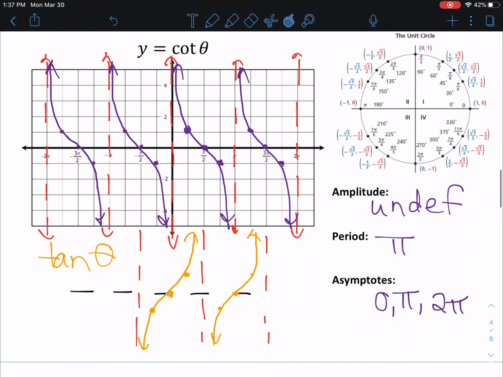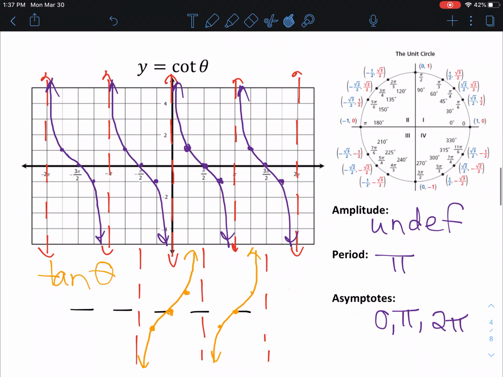And then lastly, cotangent. You can see the graph is just flipped around. It's moved a little bit, so I drew tangent on the bottom to represent and see the correlation between the two.